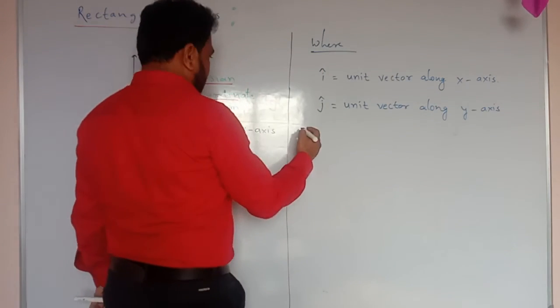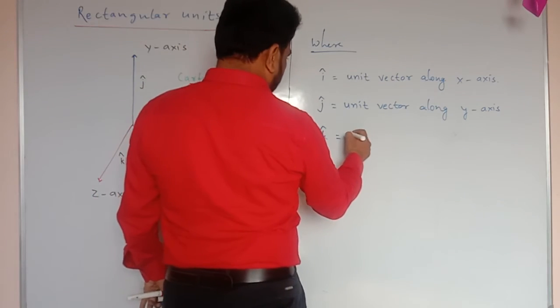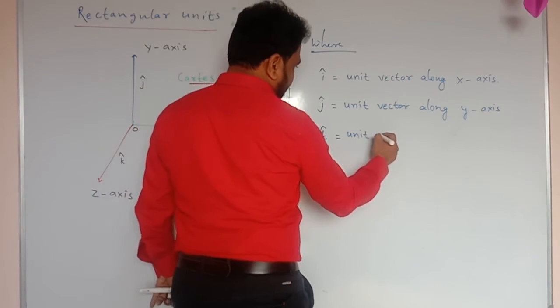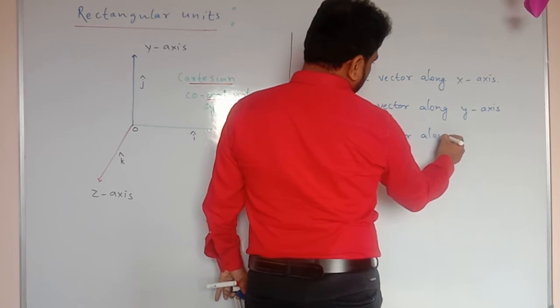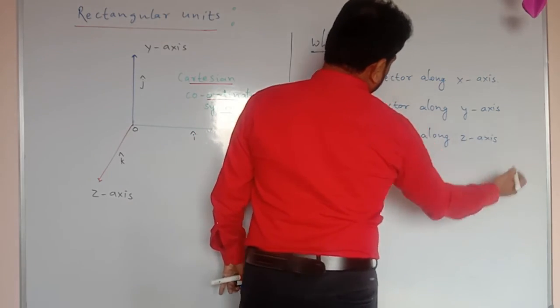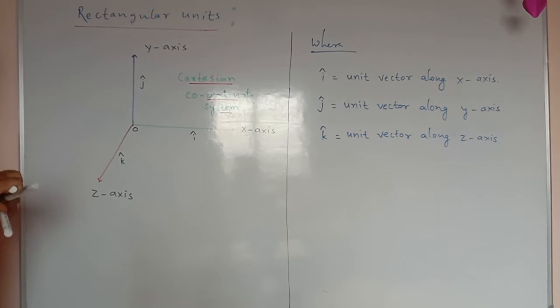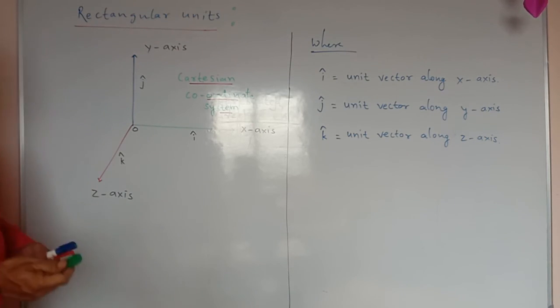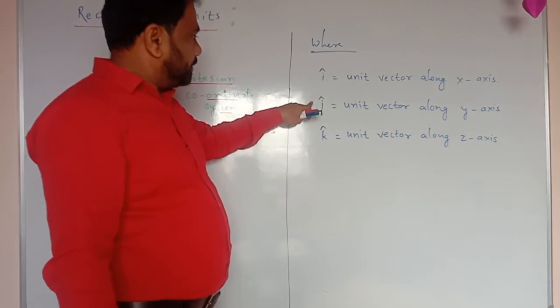Similarly, k cap is the unit vector along the z-axis. You should remember i cap, j cap, k cap.